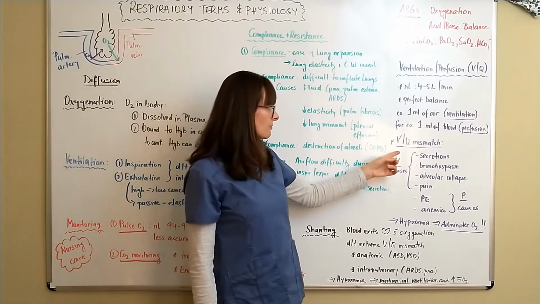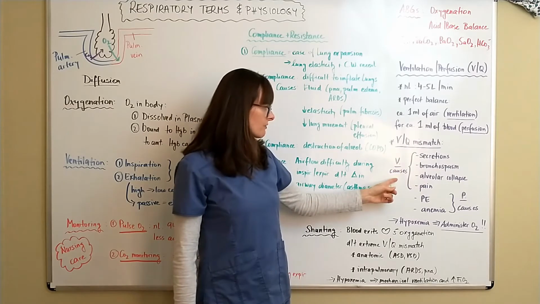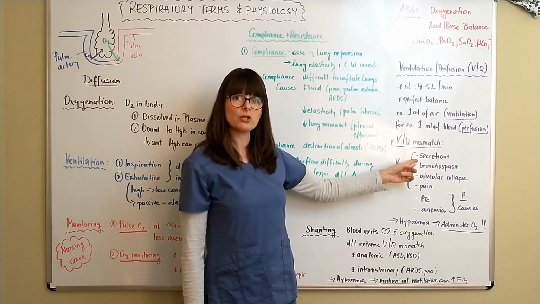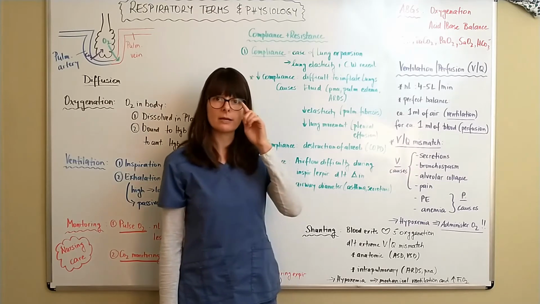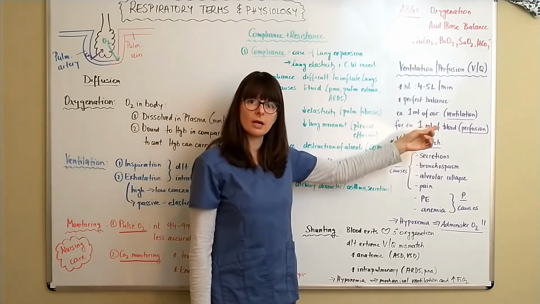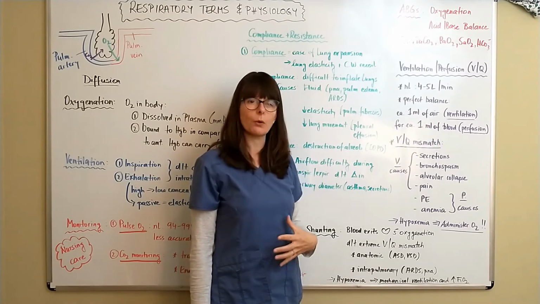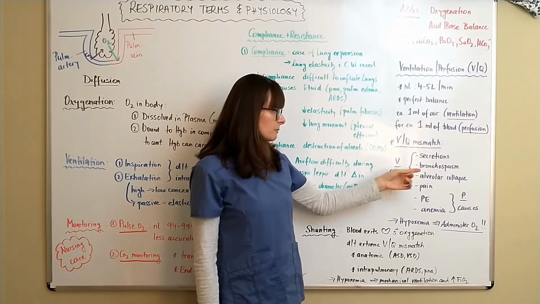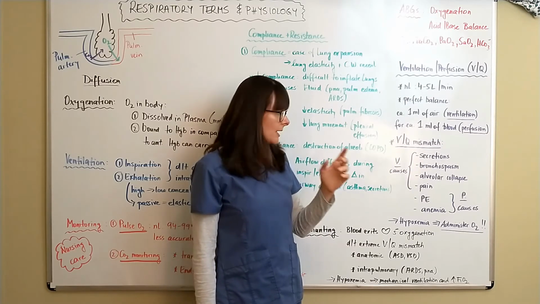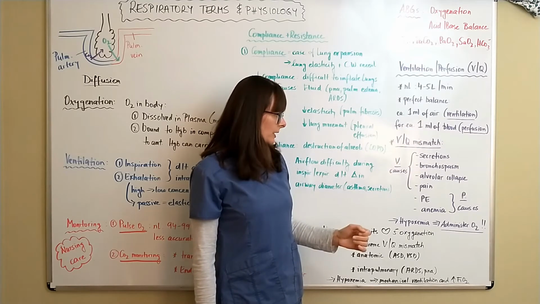And so when we have this VQ mismatch, when there are ventilation causes, that can be because of secretion. So think of somebody who has a lot of thick secretions and mucus, then the ventilation is not going to be so easy, that airflow in and out of the lungs. If there's bronchospasm, so if the bronchioles kind of constrict and they expand, that can cause problems with ventilation.